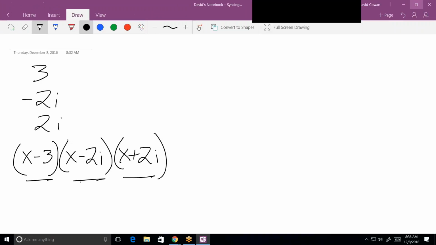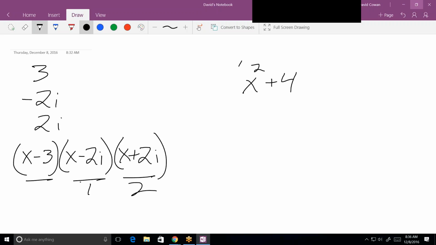Make sure you know how to multiply those two together? Yeah, it's basically they become squared and it flips to like... Okay, that's like the difference of perfect squares. So what these two multiplied together give you are x squared minus 4i squared, and i squared is -1, so it gives you x squared plus 4.